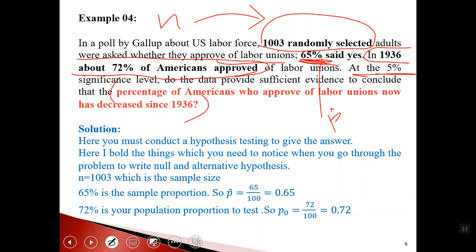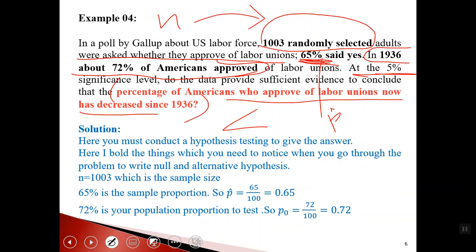You have to figure out this one: the percentage of Americans who approved of labor unions now has decreased since 1936. Who approved labor unions now has decreased, which means what? Decreased from this value, decreased from the p naught.